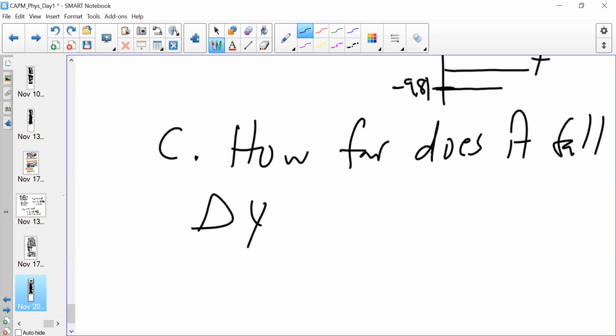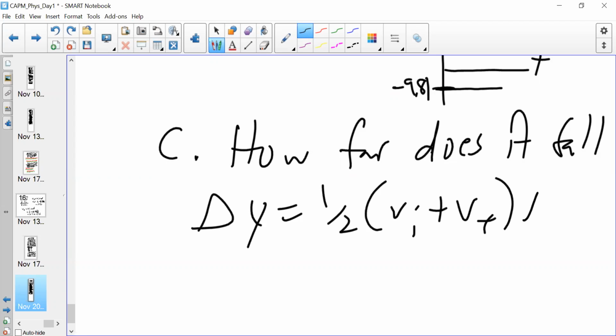If you use delta y equals 1/2 (vi plus vf) delta t, you get the same number as your delta y equals vi t minus half g t squared. I don't know if I have time to prove that, but this should work.